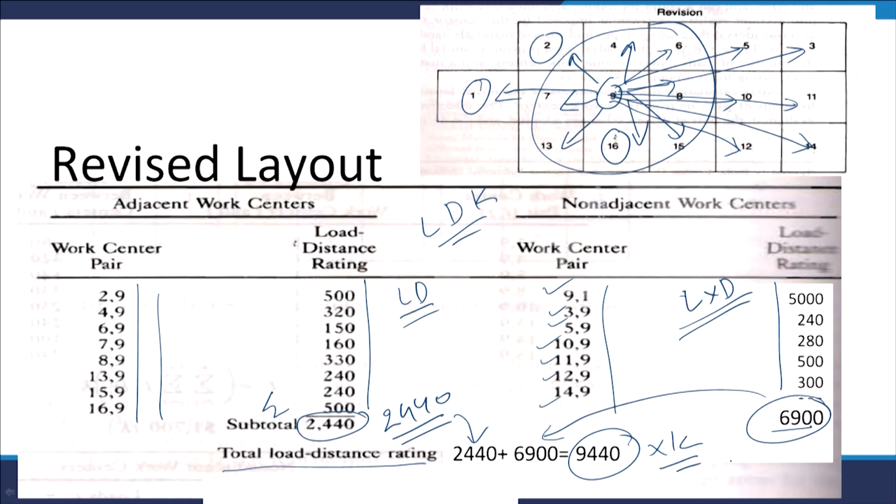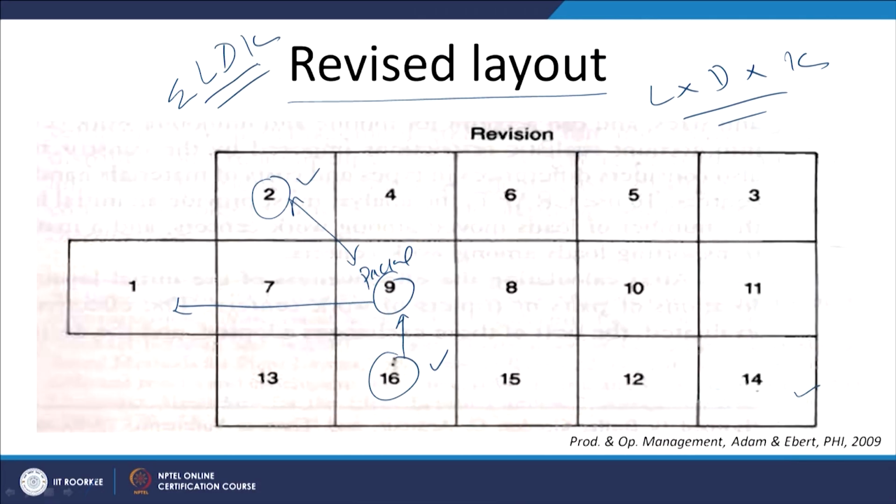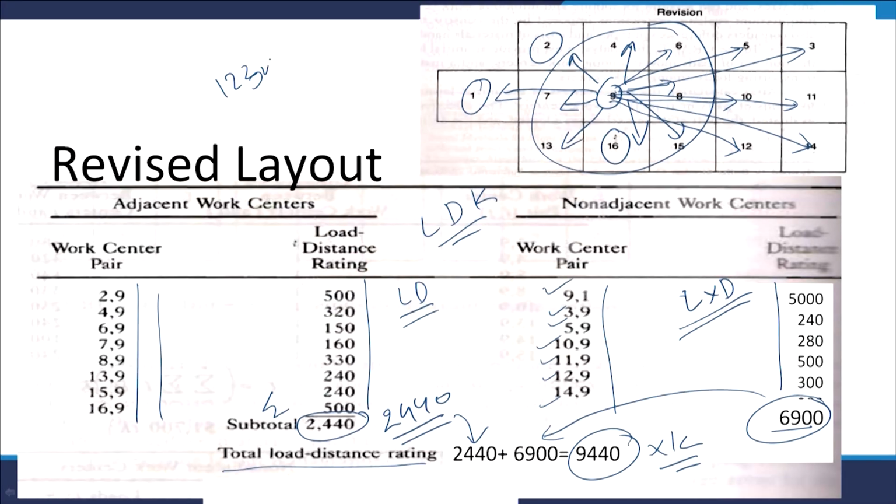To see the effectiveness, the percentage reduction in costing can be found as 12,300 minus 9,440 divided by 12,300. This will give us the percentage of saving on account of the movement needed between the different work centers.